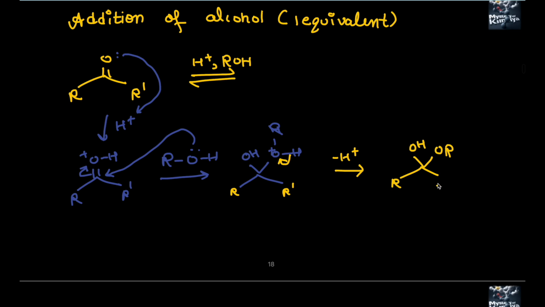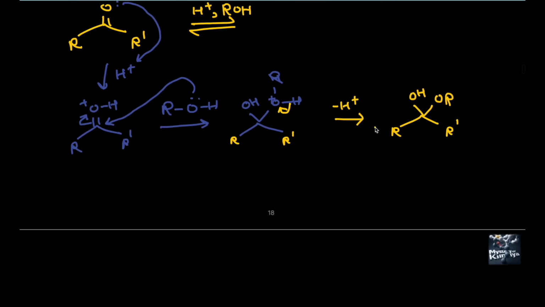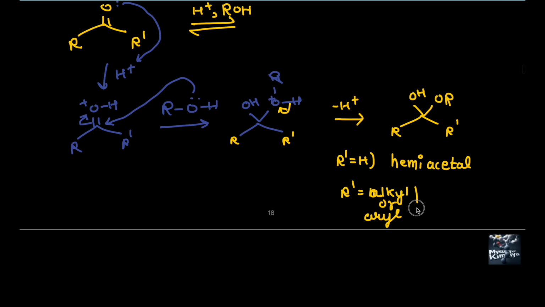So here this compound is formed having an OR group and an OH group, called a hemiacetal. If R dash is hydrogen, then this compound is a hemiacetal. And if R dash is any hydrocarbon group, alkyl or aryl, then this compound is known as a hemiketal.